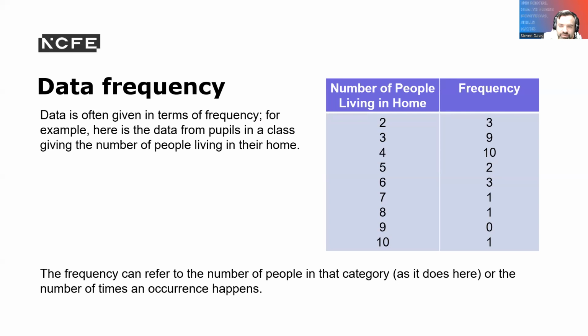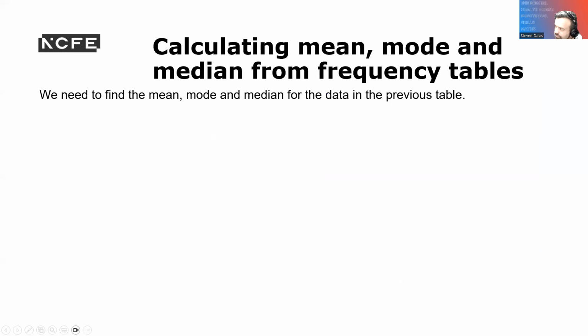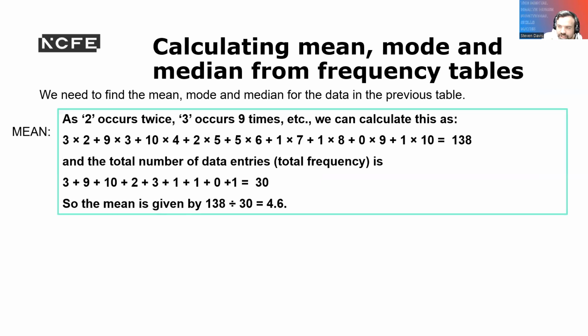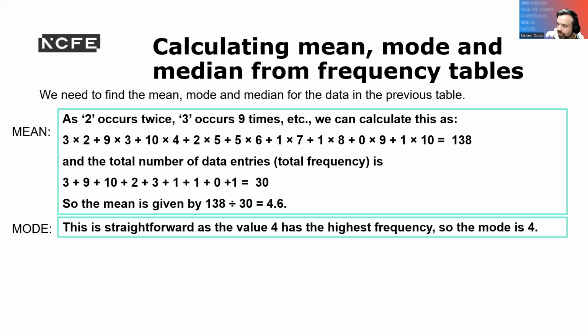Data is often given in terms of frequency. For example, here is the data from pupils in a class, giving the number of pupils living in homes. The frequency can refer to the number of people in the category, as it does here, or the number of times it occurs. So to find the mean, median, mode of the data in the previous table, as 2 occurs 3 times, 3 occurs 9 times, etc., we can calculate this. The mean here is 138 divided by 30, which is 4.6.